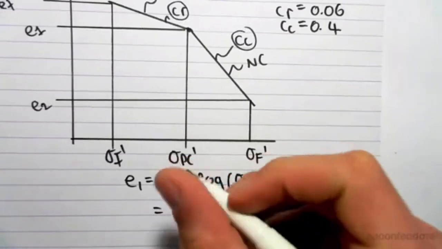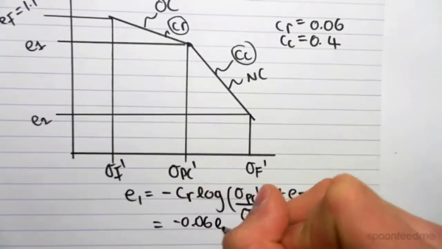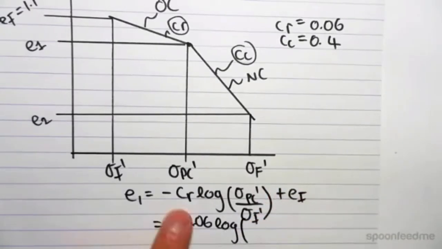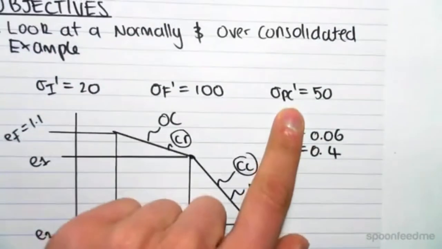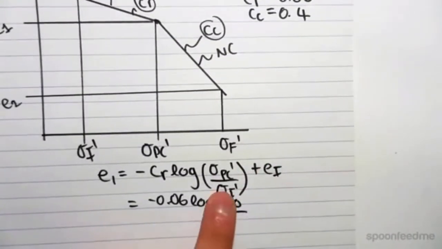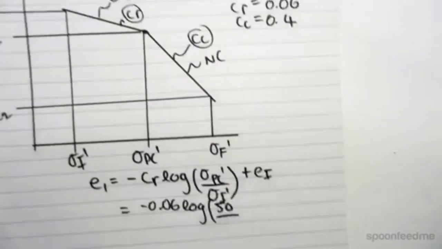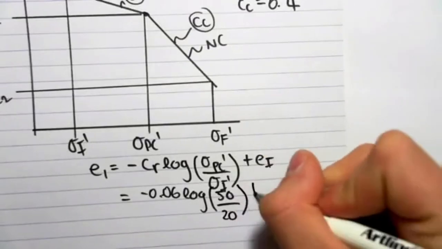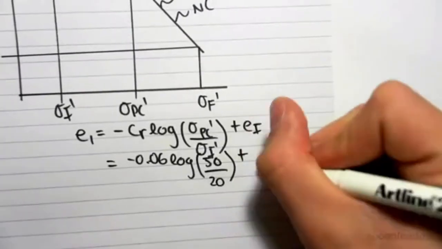CR is 0.06, so minus 0.06 log of the pre-consolidated stress, which was 50, on the initial stress, which is 20, plus the initial voids ratio, which is 1.1.